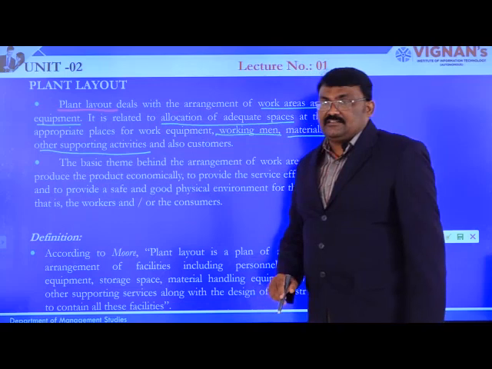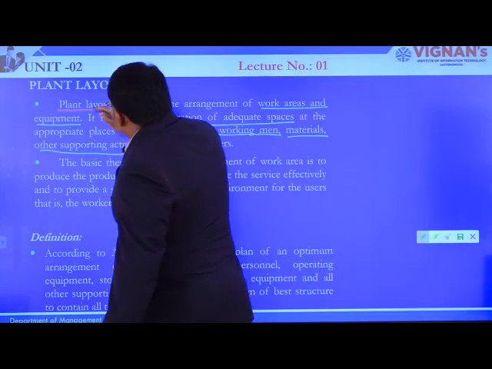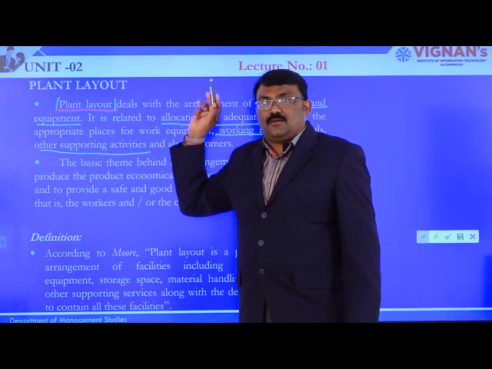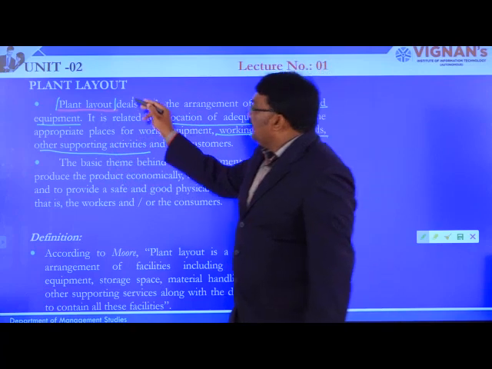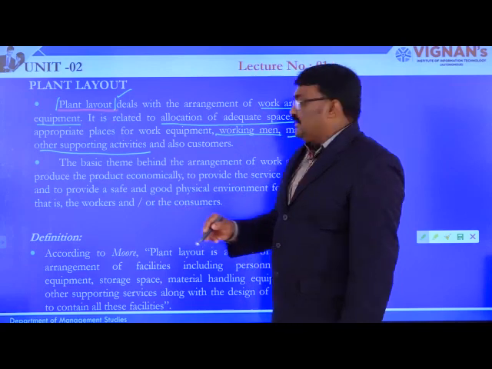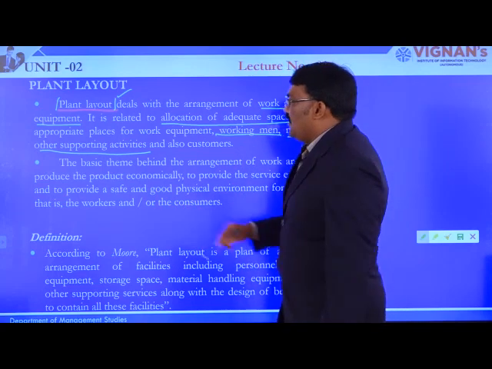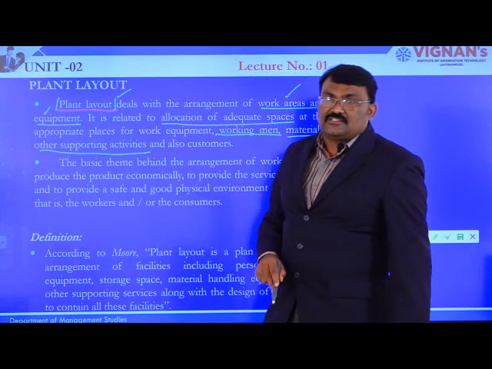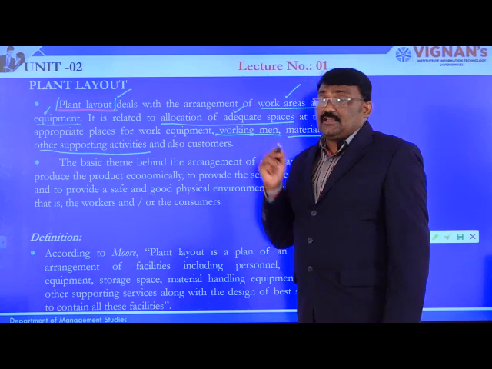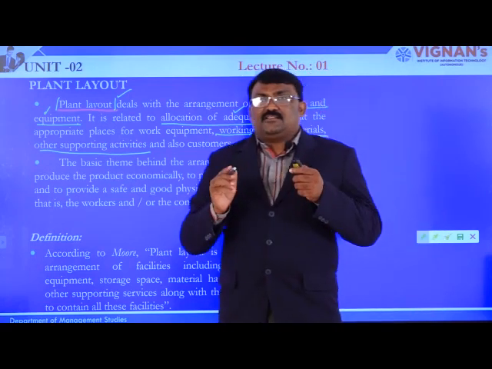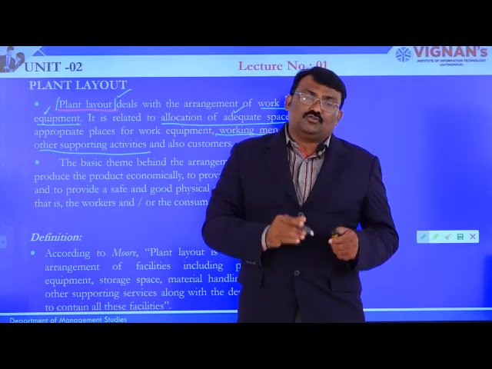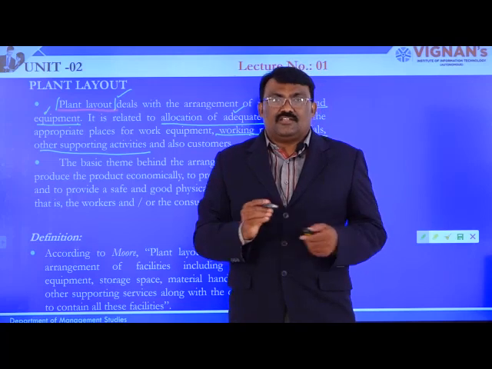Now, why I have been mentioning this is that layout is not decided by plant layout alone. The layout design is decided based upon the work areas and the equipment which are going to be installed in the location, and the allocation of adequate spaces. Adequate spaces means that when spaces are allocated, there should be convenient room for walking around the areas.